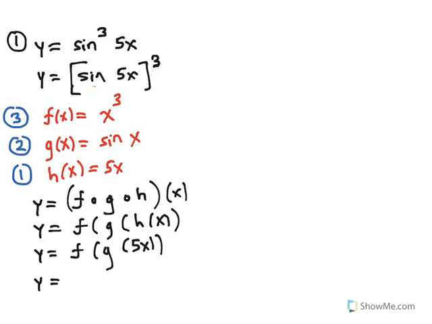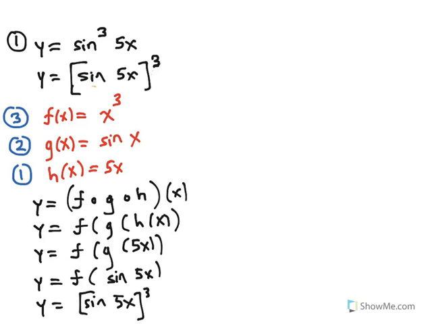And what is g of x? g of x is to take the sine, so we have sine of 5x. And what is f of x? To cube. So we have the cube of sine of 5x. So this is important for you to understand so that you can apply the chain rule correctly to find the derivative of this composition of 3 functions.